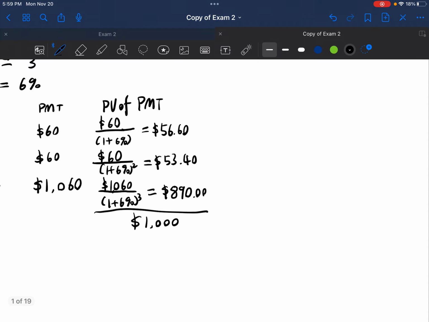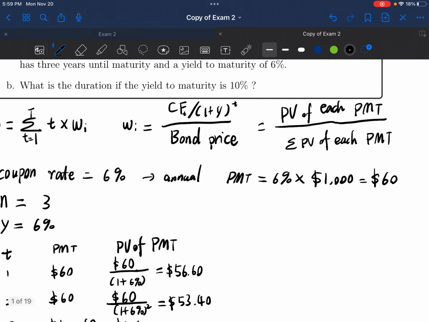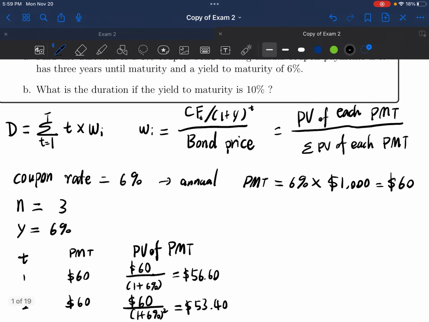When the yield to maturity becomes higher, like in part B, where it goes up to 10%, it's larger than the coupon rate.